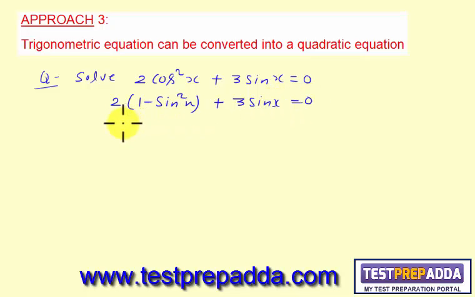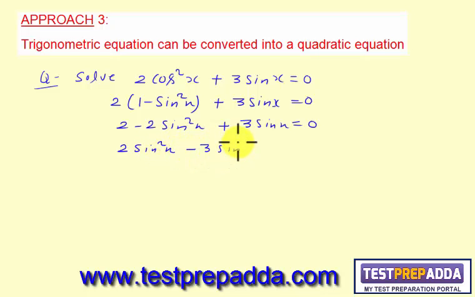So this becomes 2 minus 2 sin square x plus 3 sin x is equal to 0, or I can write this as 2 sin square x minus 3 sin x minus 2 equal to 0.